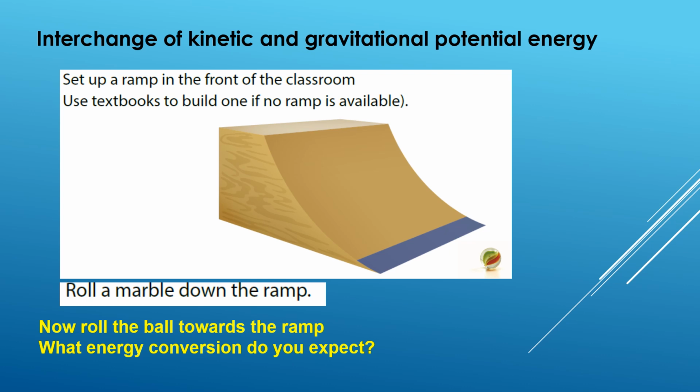So the energy conversion is kinetic energy into gravitational potential energy. So this is a very simple example of how energy can be transformed from one form to another.